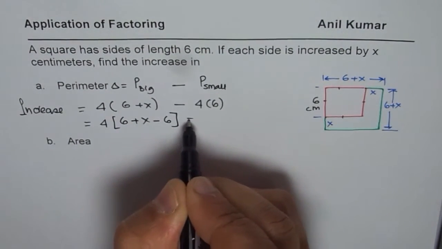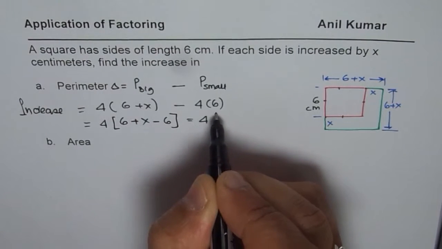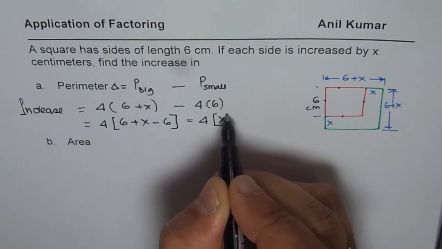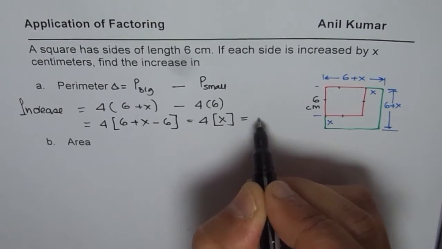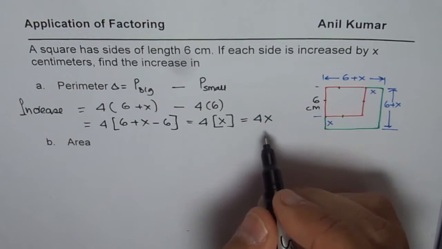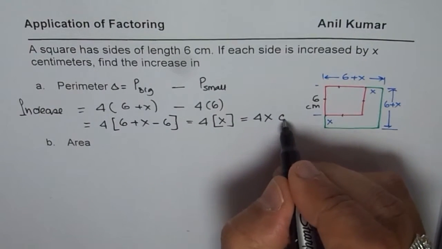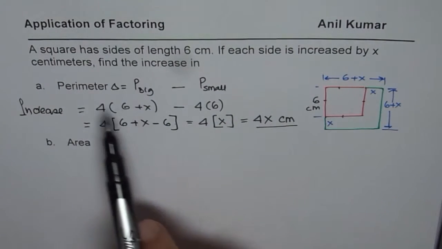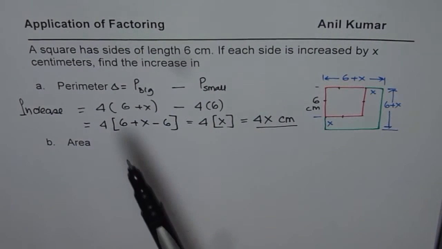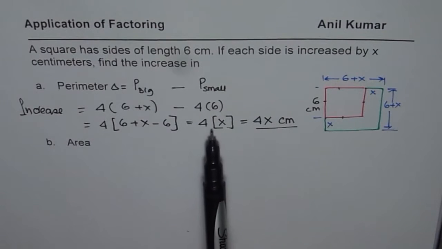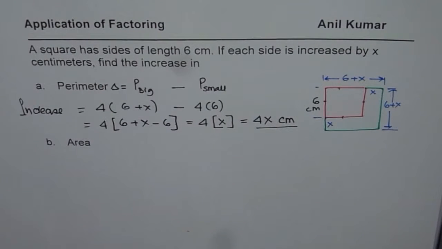Then we get 4 times 6 plus x minus 6, which gives x, so that is 4x, and the units will be in centimeters. So 4x centimeters is the increase in perimeter. Factoring really helps us to calculate very easily. So that is the application.